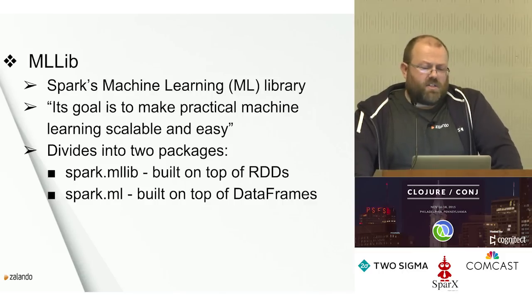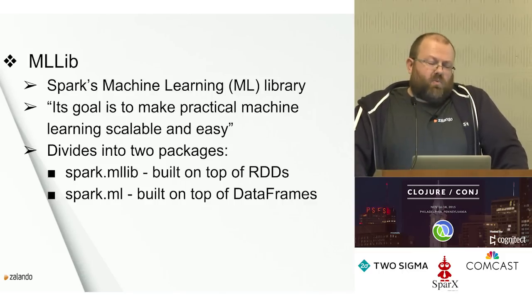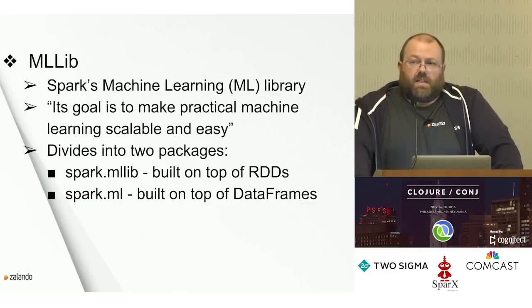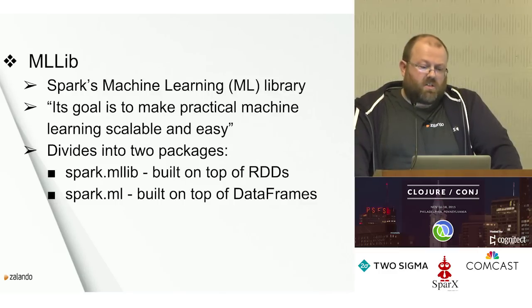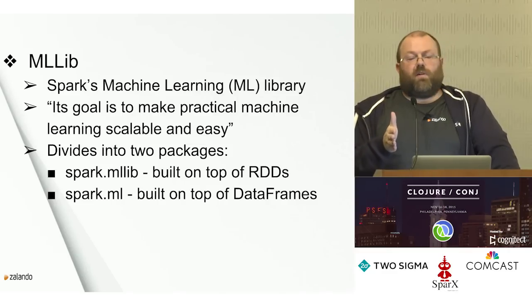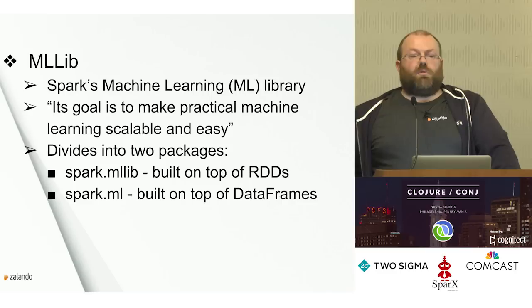There's two main packages. There's spark.mllib, which is the one that's been around for ages, and that's the one that's built on top of RDDs. And there's also spark.ml, which is built on top of data frames, and they have this idea of data pipelines where they're making things look much more uniform.